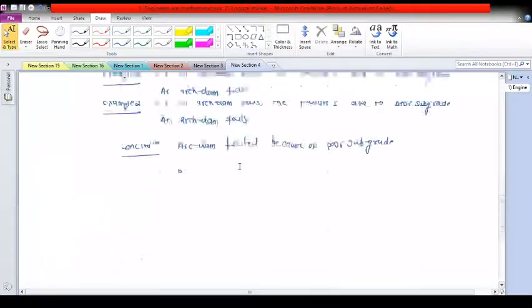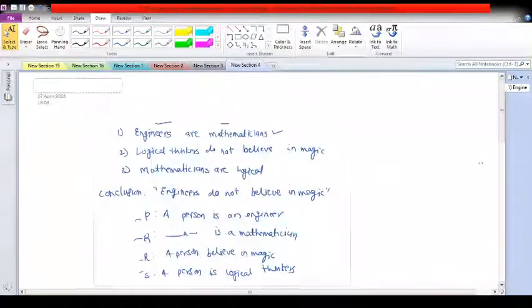Okay, so here I have written some statements. For example, the first hypothesis is that engineers are mathematicians. The second hypothesis is that logical thinkers do not believe in magic. And the third statement is that mathematicians are logical. And what is the conclusion? The conclusion is that engineers do not believe in magic.